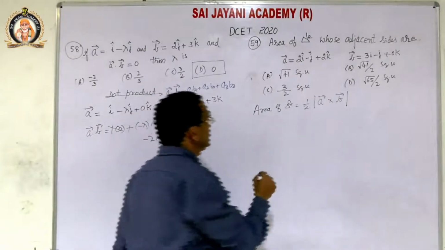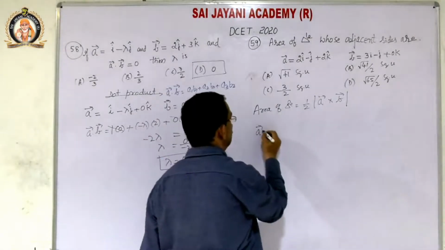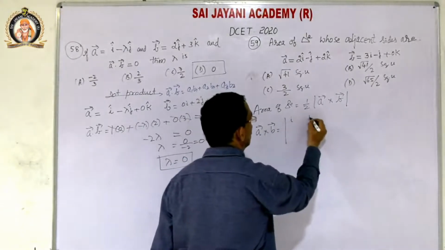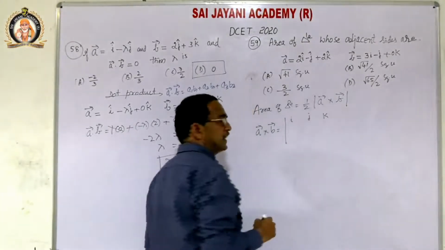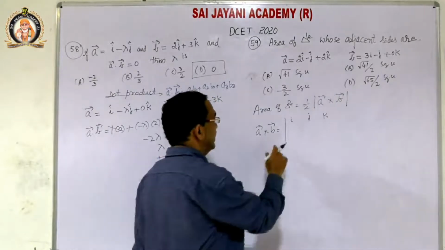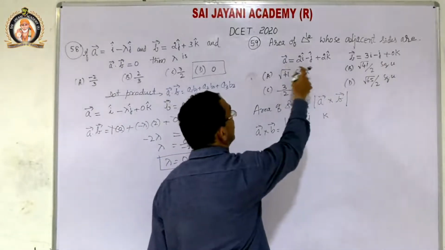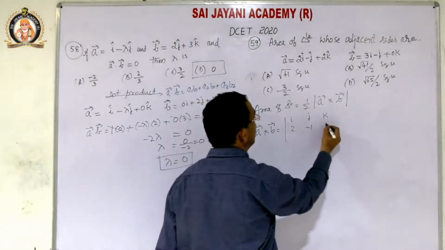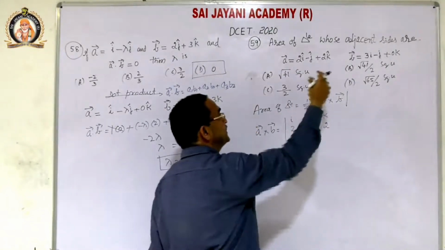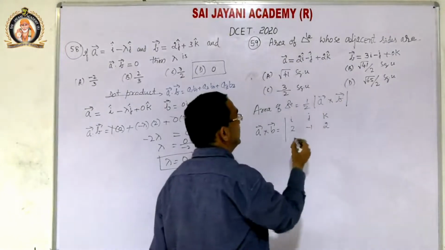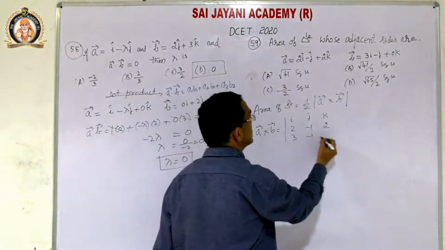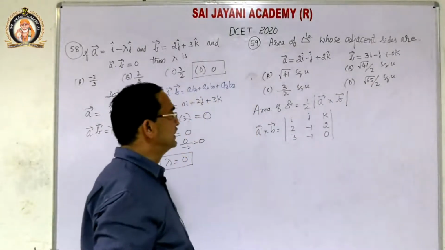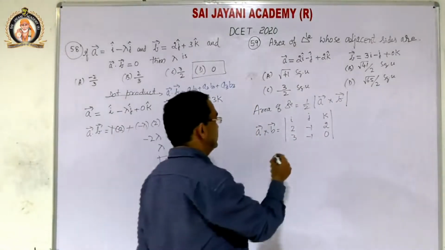So now A vector cross B vector can be defined like this: i j k, then the coefficients of A vector, that is 2, minus 1, 2, and the coefficients of B vector, 3, minus 1, 0. So we use the usual procedure for finding the determinant.